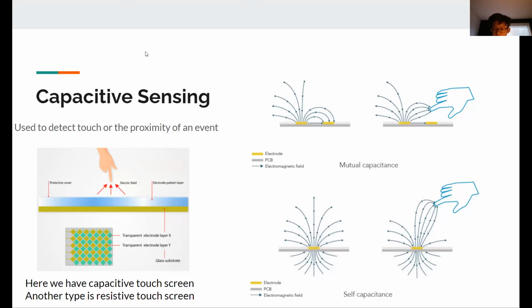And below there's only one plate, and it follows the same principle. Basically, your finger will create a capacitor with it. And this is used in touchscreens. So on our iPhones and iPads, we have capacitive touchscreens, and it will create something like the graph on the left.